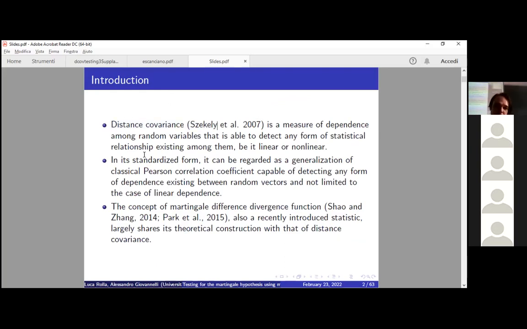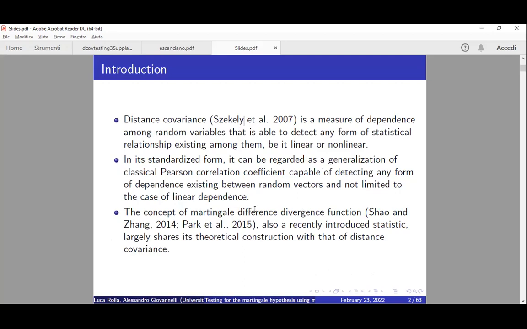Distance covariance, and let's say something about martingale difference divergence. Martingale difference divergence is a statistic from the same family as distance covariance, but it reduces the scope of the measurement, because rather than looking at any kind of dependence, it focuses on the narrower concept of conditional independence, as I will show.